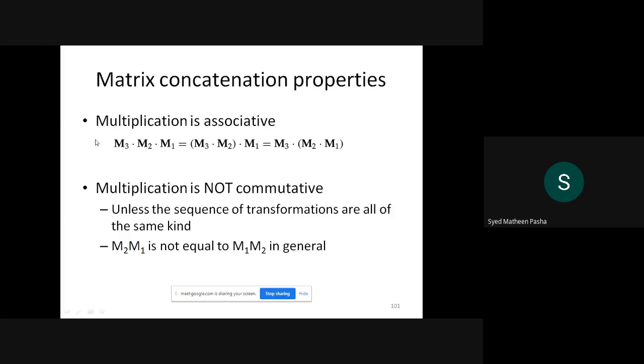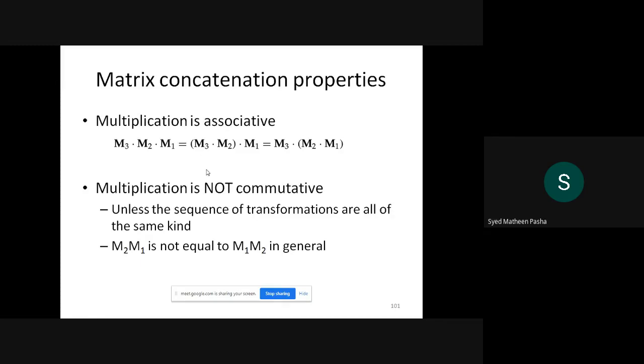The first property is that multiplication is associative with respect to matrix concatenation. What do you mean by associative?